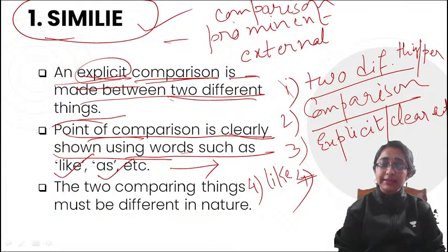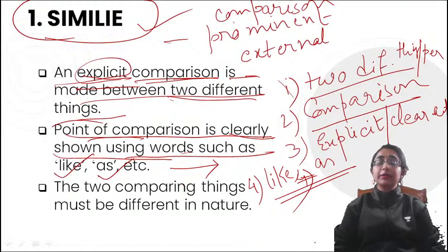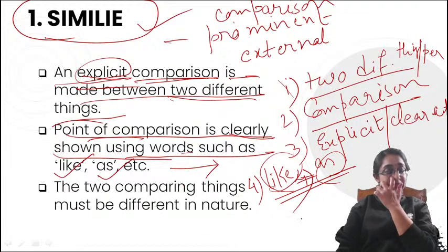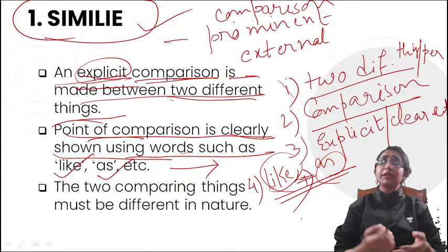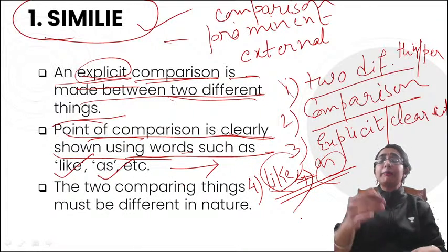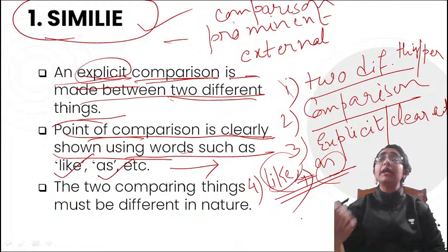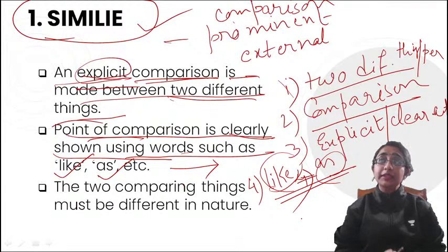Like, as, etc. So whenever you see these kinds of words, you can very well guess that it is an example of simile. Now, in your examination, a sentence or a paragraph will be given, and they will ask you which figure of speech is used here.